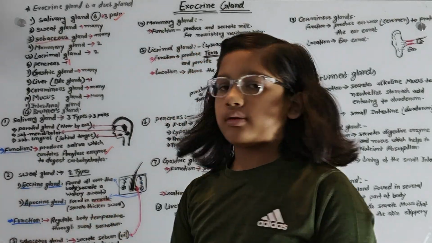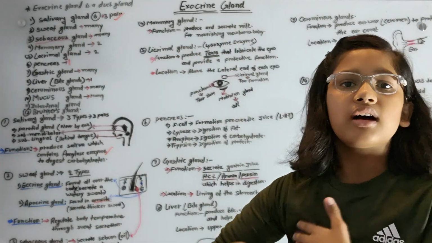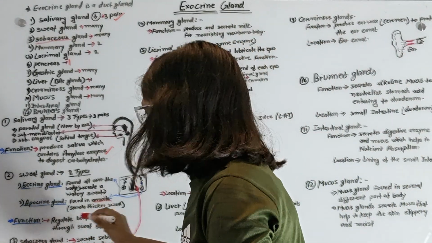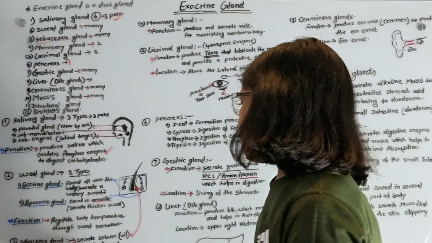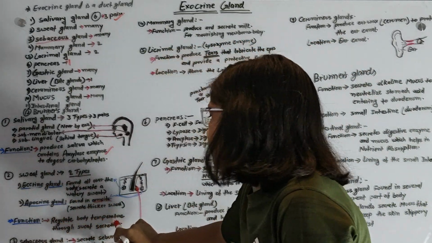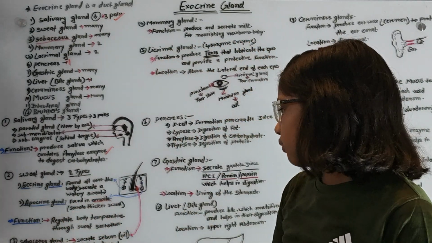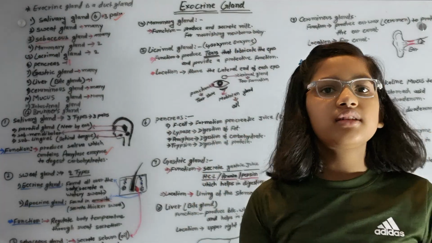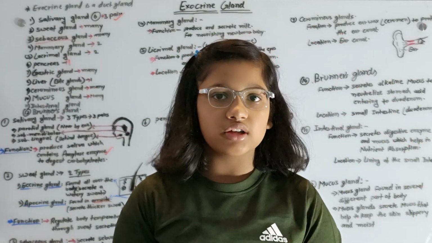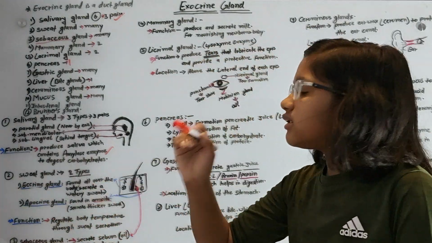Okay, it is located under our underarms. It is located nearby the underarms. It regulates body temperature through the sweat secretion.